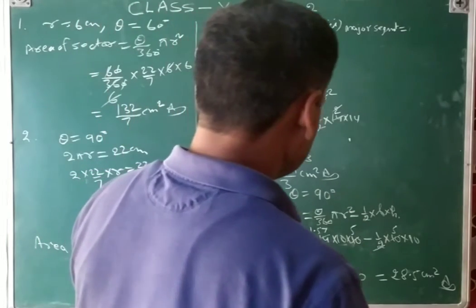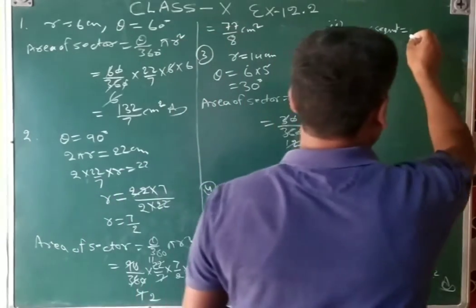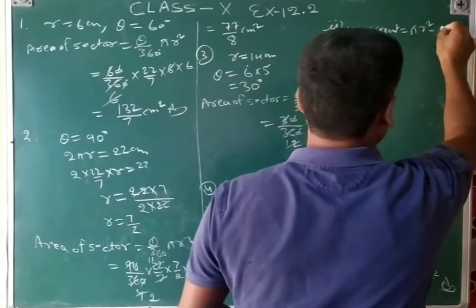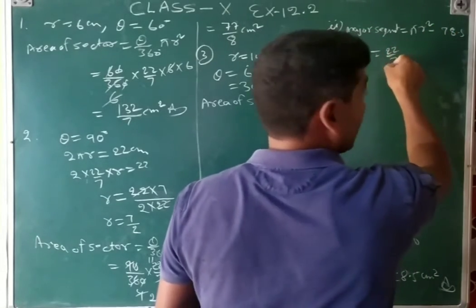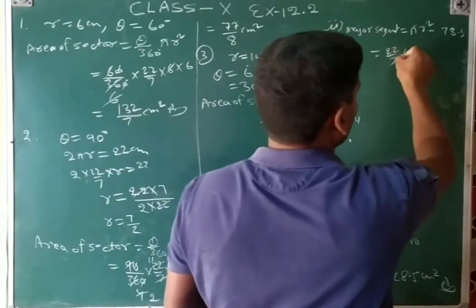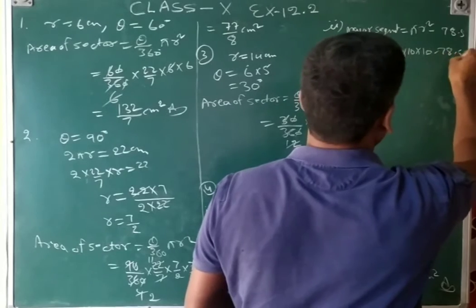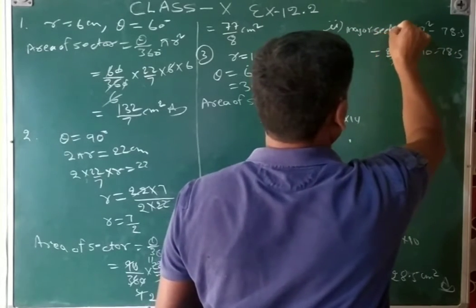so that will be area of circle minus this will become, so pi r square minus 78.5, so that 22 upon 7 into 10 into 10 minus 78.5, this is a sector, not segment, sector.